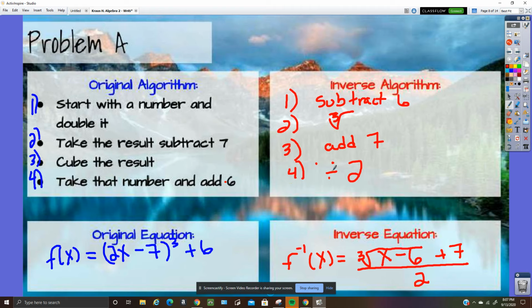That's the way we did the undo table in class, but you can do it either way. I prefer to do this, so it started here, and then I went up here first, and then down. But in class, we started here, worked our way up, just did the inverse of each one of these first 4 steps, and then numbered them from bottom to top.